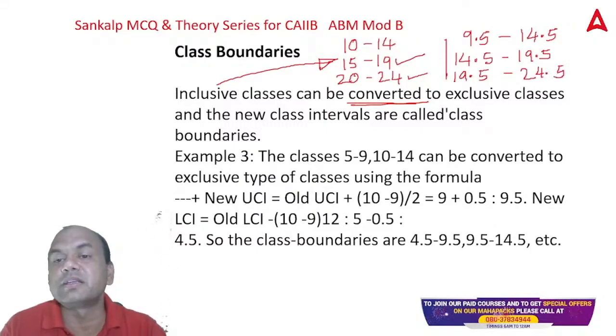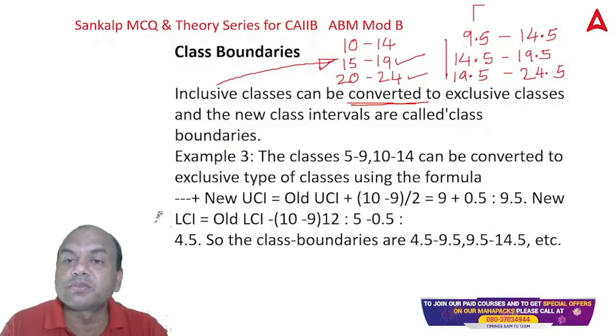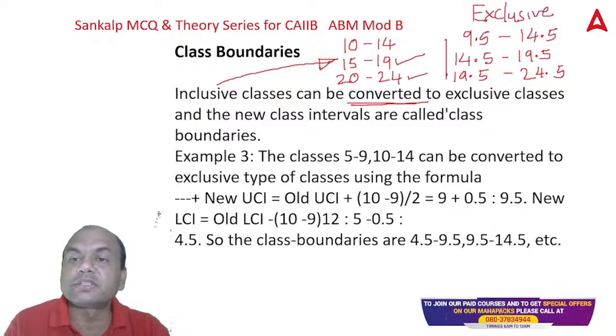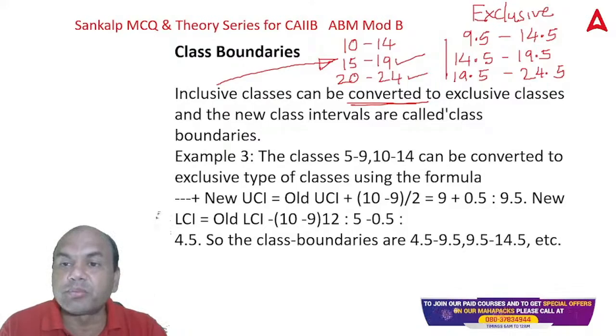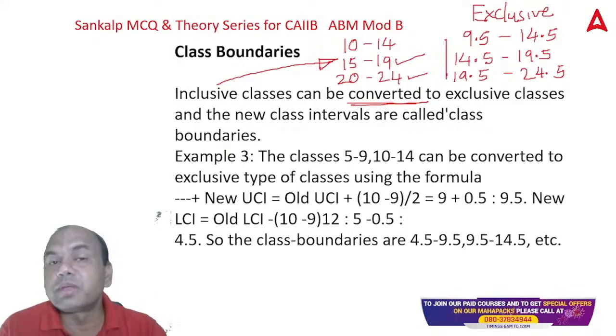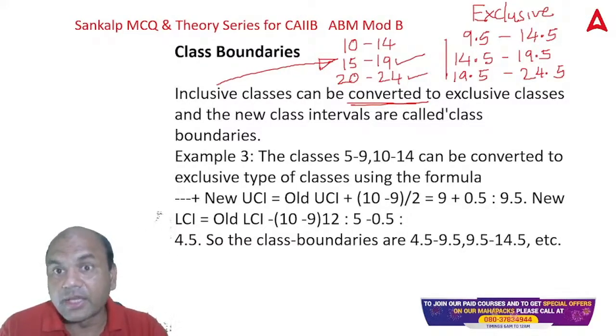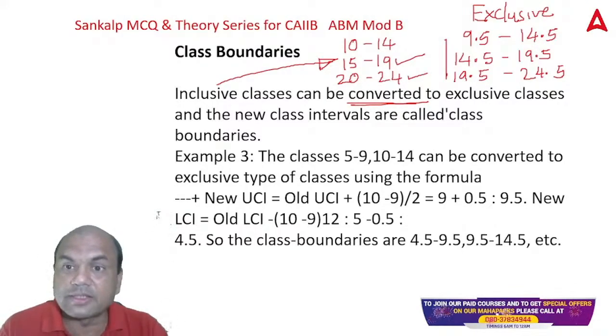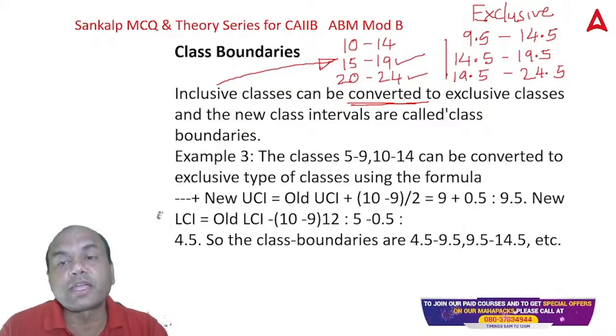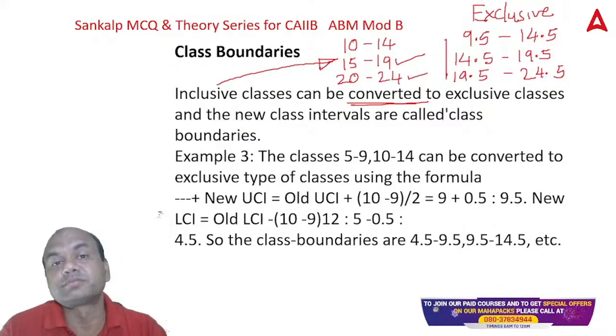So what does it mean? See, this is known as exclusive. This earlier one was inclusive. Now what do you mean by this? It means that this boundary over here won't be included. Now understand, it's not compulsory that both the boundaries are not included. For example, suppose I get 14.5 as a number.